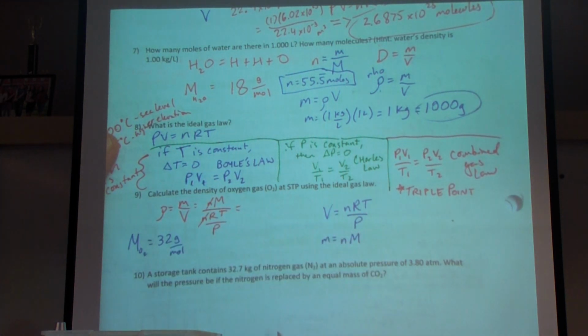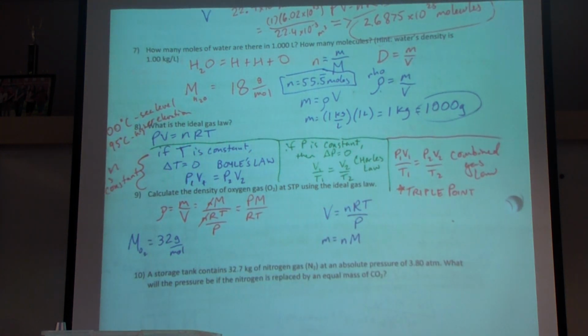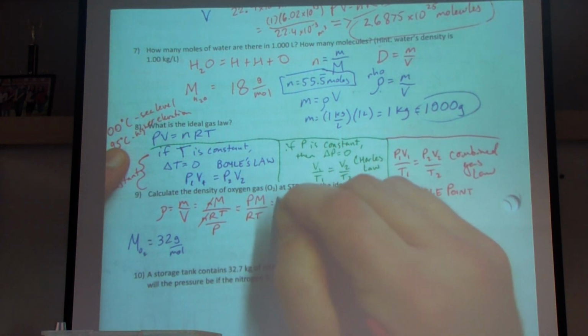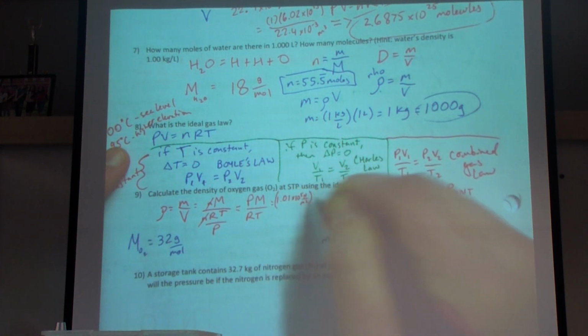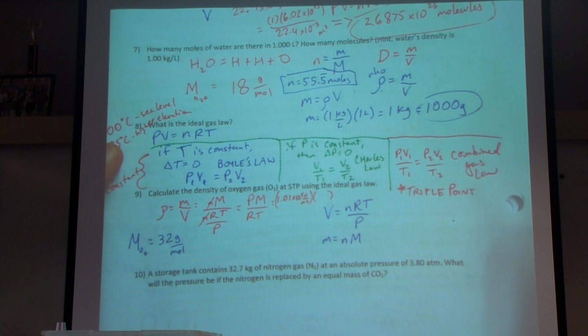Cancel out the n's. Bring the P up to the top. We get P times capital M, divided by RT. Good news, we know everything here. The pressure at STP is 1.01 times 10 to the 5th pascals, newtons per meter squared, times the molar mass, which is 32 grams per mole.